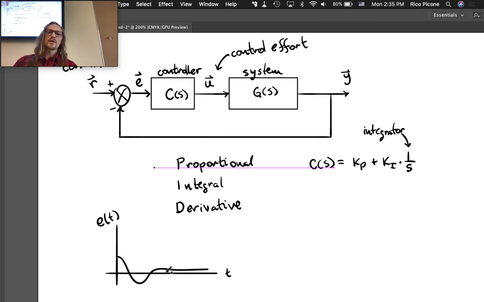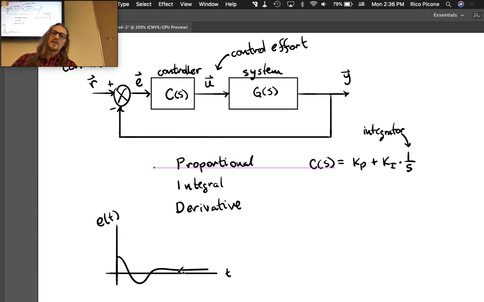So the proportional restoring force isn't going to be large, and I'm saying restoring force, but this could be a voltage or whatever the variable is, but we think of it like a spring sometimes. So restoring effort is going to be very small because you have a very small offset from the value that you want, your command.